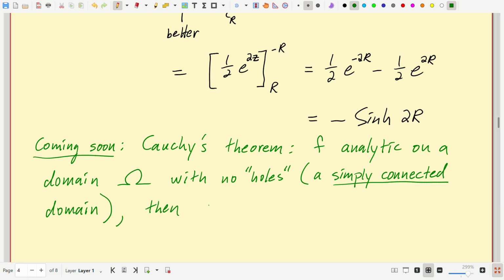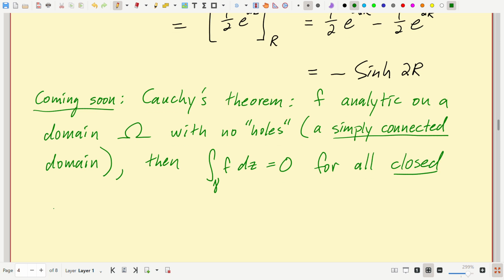Then the integral around every closed contour of f dz is going to be 0. They're closed, meaning they start and stop at the same point, in omega. And that kind of means you've got to study the complex integral, because when it comes to analytic functions, that turns out to be sort of a defining feature of them.